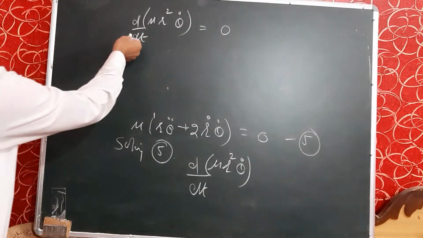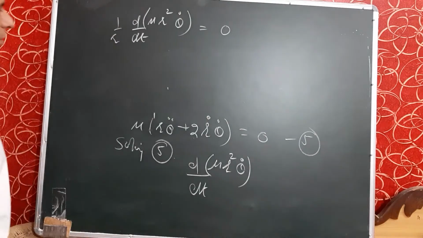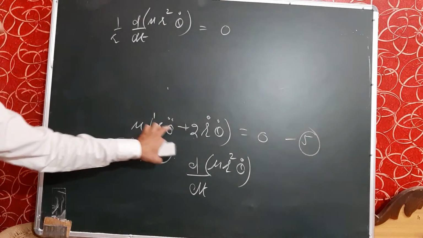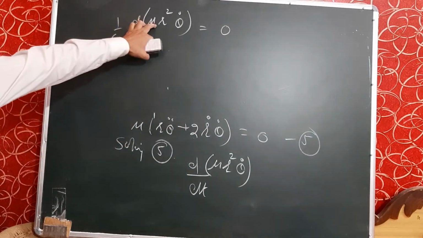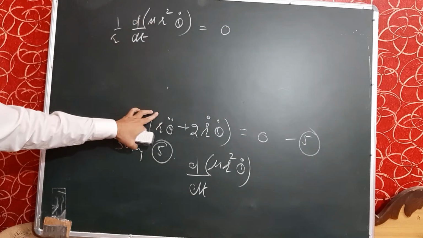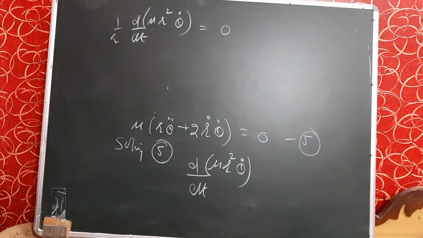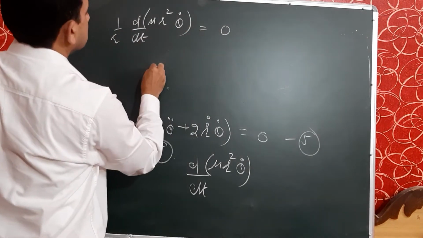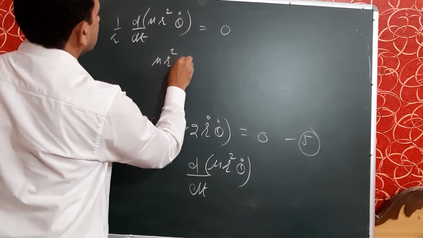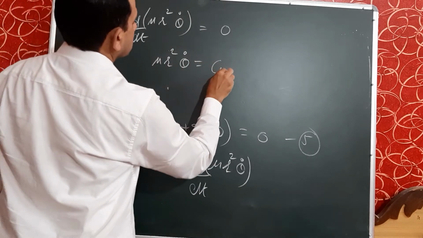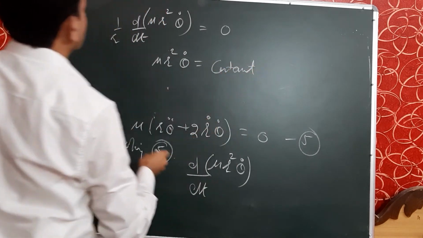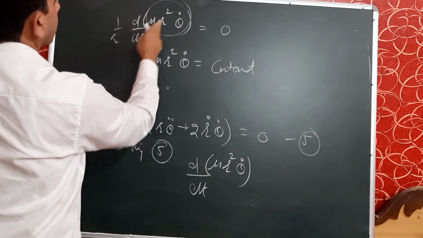If we multiply this equation with r, then we will get the final answer of this derivative. So you may write this as mu r square theta dot, which is constant, because the derivative of a constant term is 0.